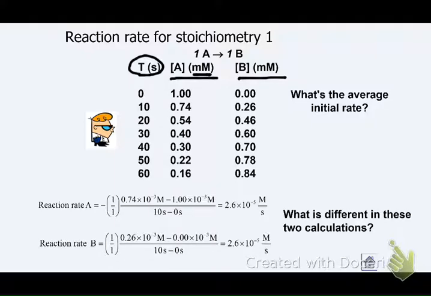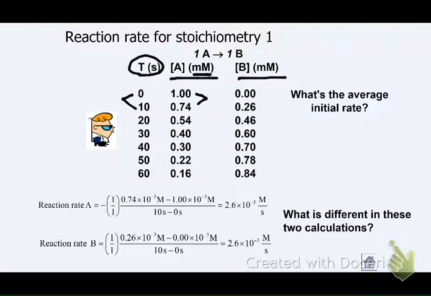What I'm going to do is calculate a slope. It says initial rate. Which points do you use for the initial rate? The first two, because it's the very beginning. If I wanted to calculate rise over run, those are the points I would use, to give me the average rate. It's 0.74, that's Y2, minus 1.0, that's Y1.